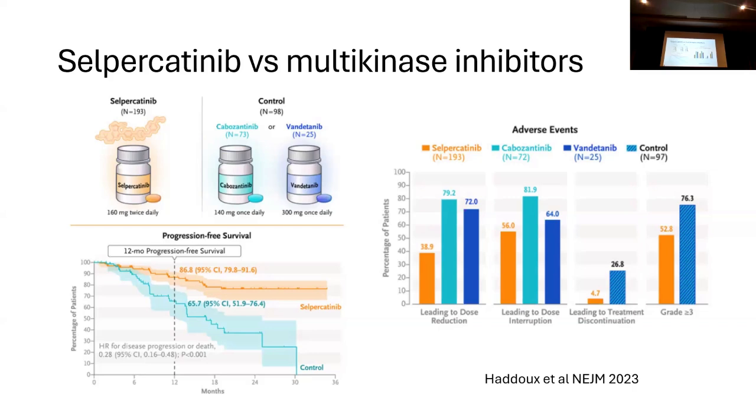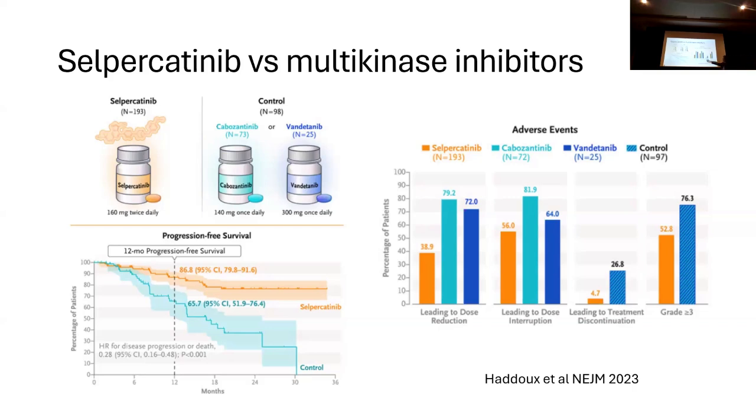There was a recent randomized controlled trial where patients with a RET-mutant medullary thyroid cancer were randomized to either selpercatinib or to receive either cabozantinib or vandetanib, which are the multikinase inhibitors. The study was done on almost 300 patients, and the randomization was 2-to-1. So 193 patients ended up receiving selpercatinib, and 98 received either cabozantinib or vandetanib.